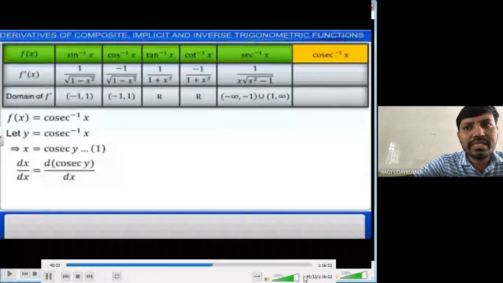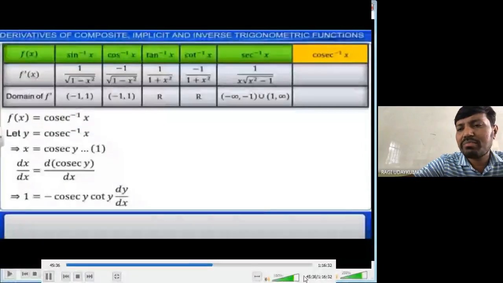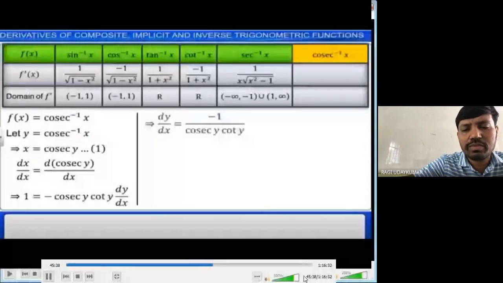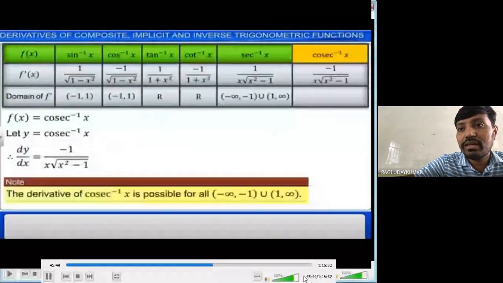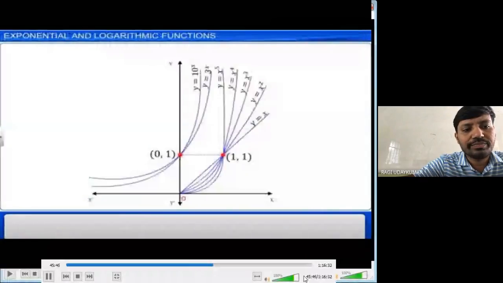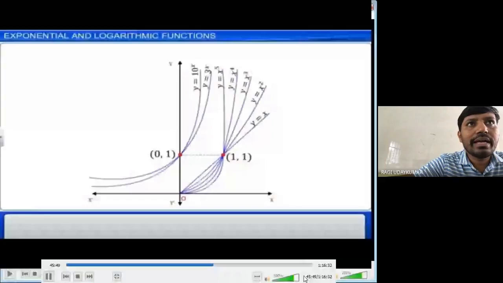The domain here is in the range of minus infinity to minus 1 union 1 to infinity. Okay. So this is about the implicit functions and inverse trigonometric functions.